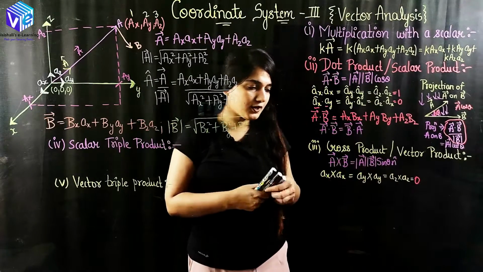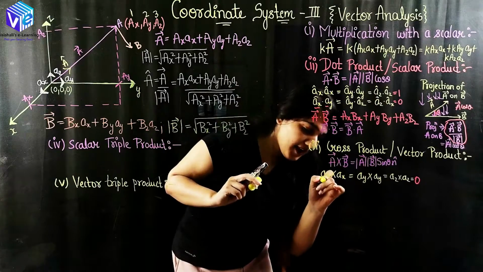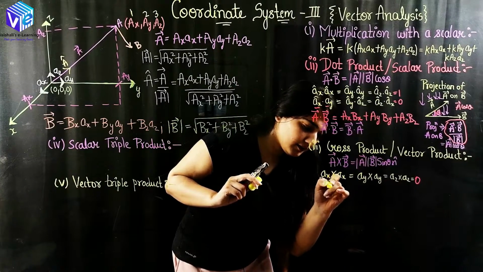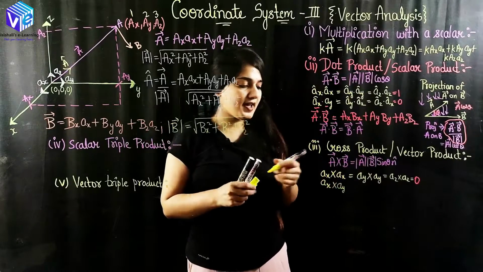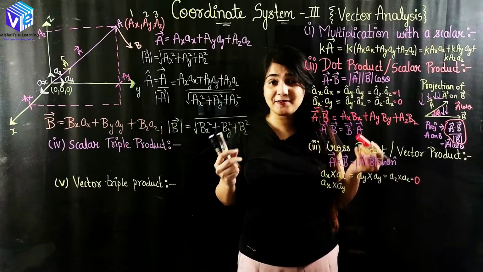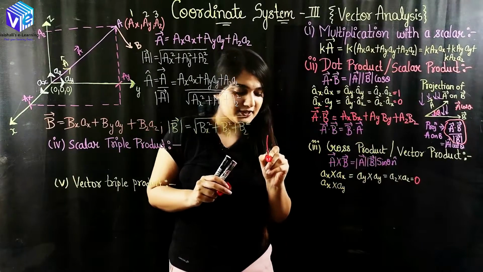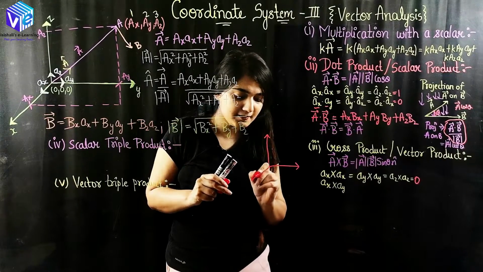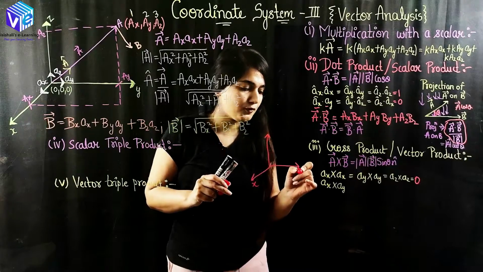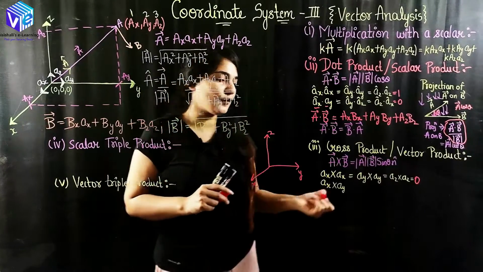Now if I talk about a cross b, if I have ax cross ay, I will be using a trick now. I am telling you the trick here, so you can draw the Cartesian coordinate system like this. Here you will be having x, y and z coordinates.